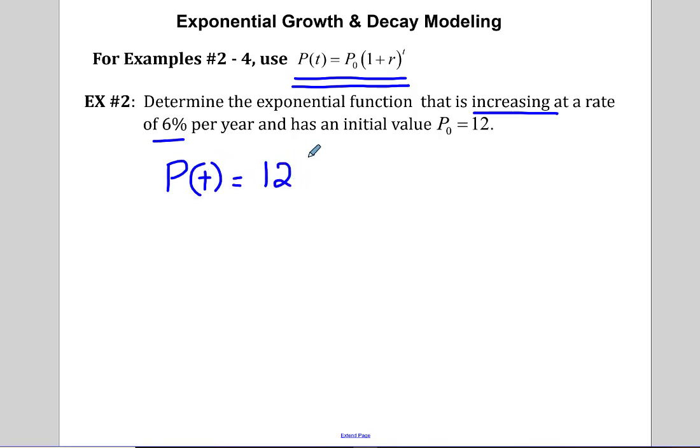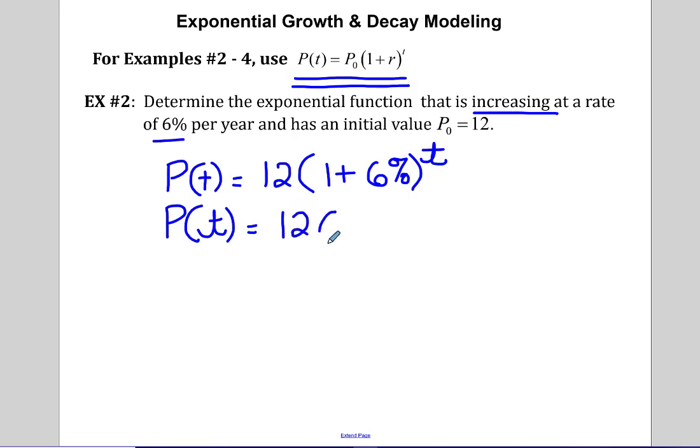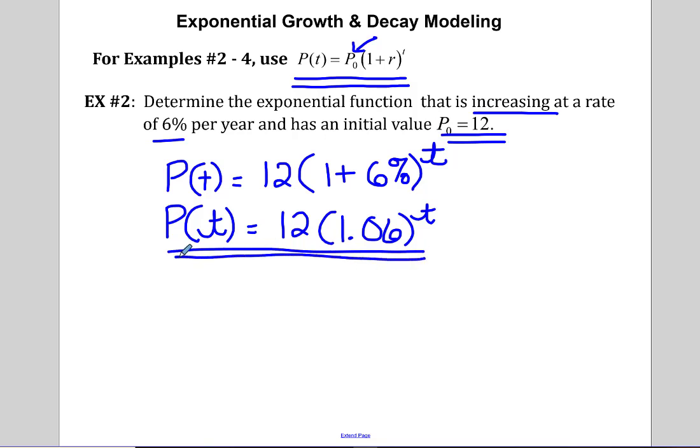So I want 12 times 1 plus 6%, and 6% has to be written as a decimal, to the t power. So the population would be 12 times 1.06 to the t power, since p sub 0 is this initial amount right here. So this is our function that would relate that statement to algebraic terms.